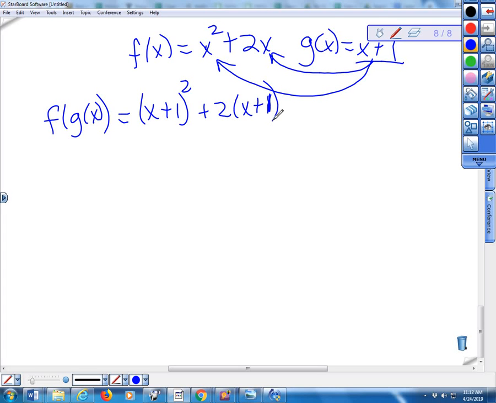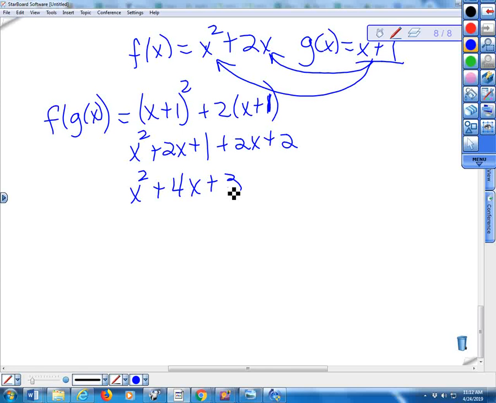So x plus 1 squared is not x squared plus 1. I still had a ton of people tell me that that's how this FOILs. So it's x squared plus 2x plus 1. There's always a middle term. Distribute the 2 in. Combine like terms. This is a parabola again, so the domain's all real numbers.